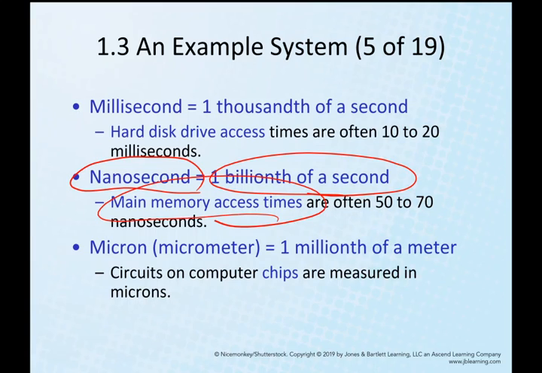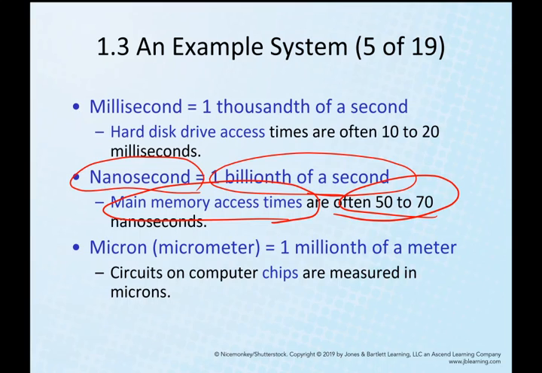We have the main memory in computers. We have different types of memory: hard drive, CD, DVD, cloud storage, main memory, and cache registers. We will discuss all of them one by one, but now as an introduction, we know that the main memory access time is about 50 to 70 nanoseconds.